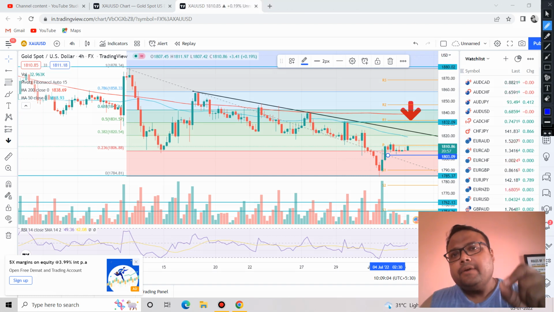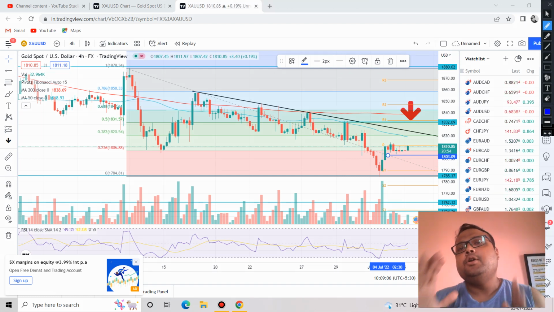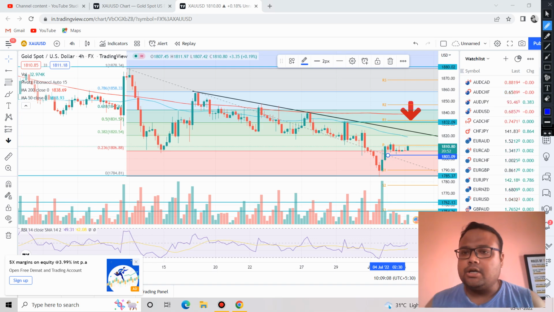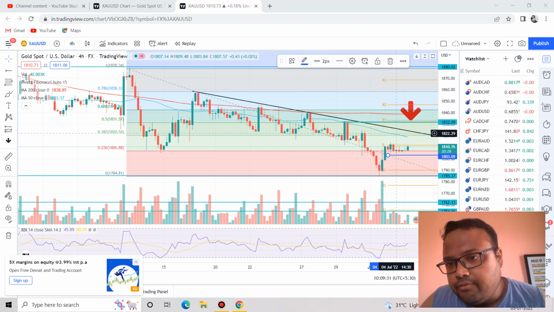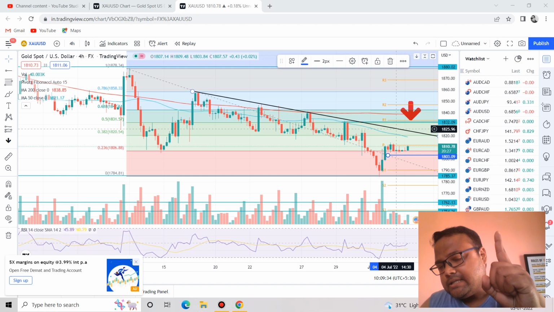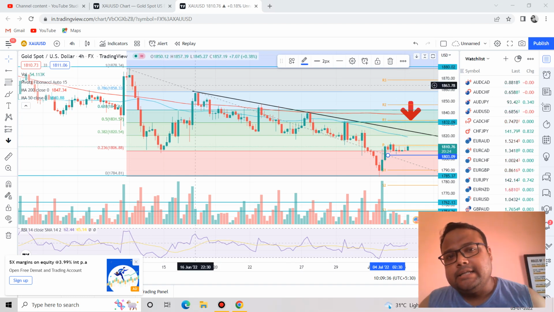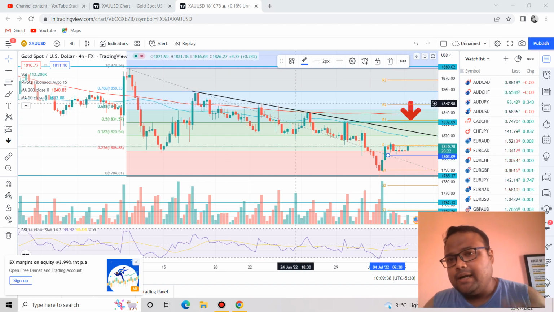First of all, if gold goes up from here and you are looking for a fresh entry on the chart of gold, then as I have already discussed previously, you can go for a sell position around this area, and the reason is the resistance in the form of trend line. Yes, the trend line is the first resistance. You can see the trend line is acting as a dynamic resistance for a while.